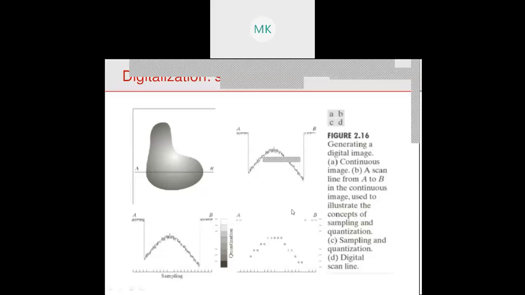The set of discrete locations gives the sampled function. In order to make the digital function, the intensity values are converted into discrete quantities. This represents the intensity scale divided into 8 discrete intervals ranging from black to white. So all these are about digitization and sampling.